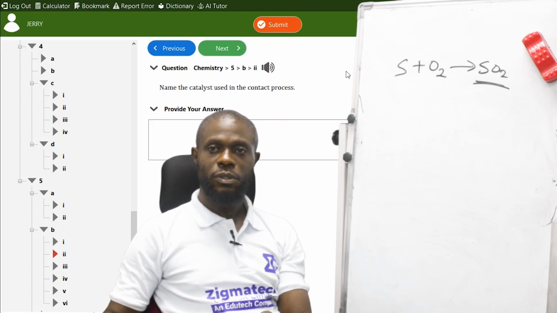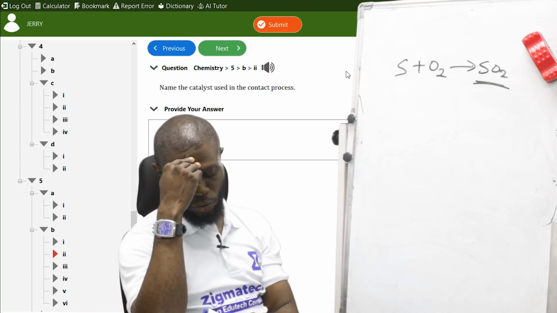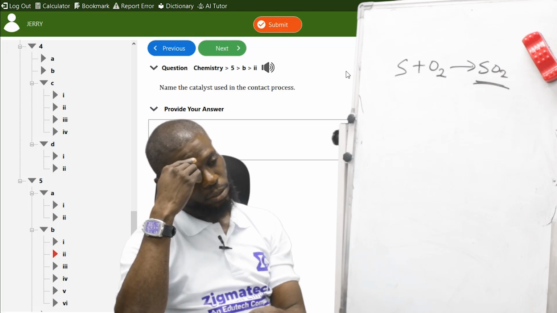Name the catalyst used in the contact process.